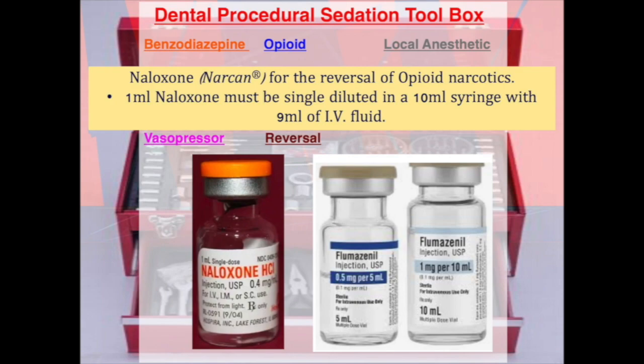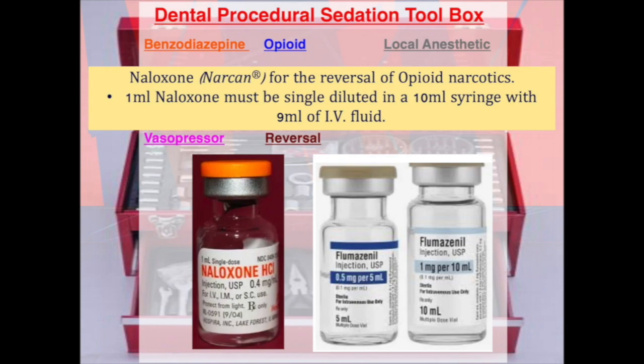The naloxone, unless it's an emergent situation, is given diluted like that. But if you're reversing narcotics in sedation dentistry, which I'm hoping you don't use too often because you're titrating your narcotics in all your sedation medications, just use it that way.